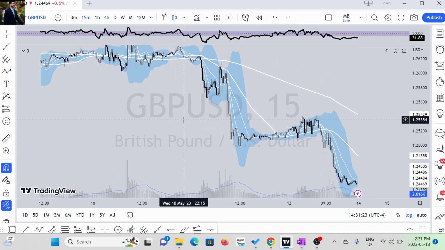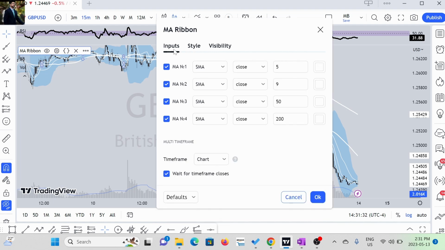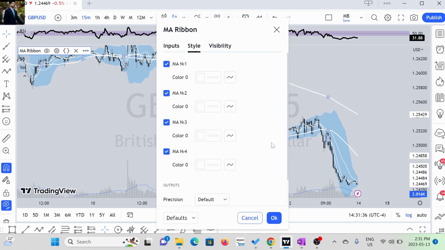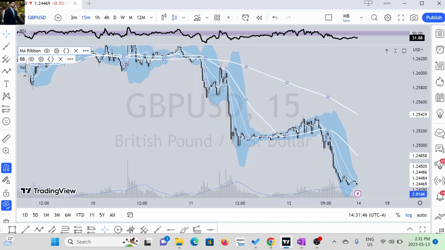The other thing that I use is the moving averages, a moving average ribbon. I colored it white, only the 50 and 200, so the lines are brighter and bigger. I use the moving averages 5, 9, 50, and 200. The 20 I get from the Bollinger bands.